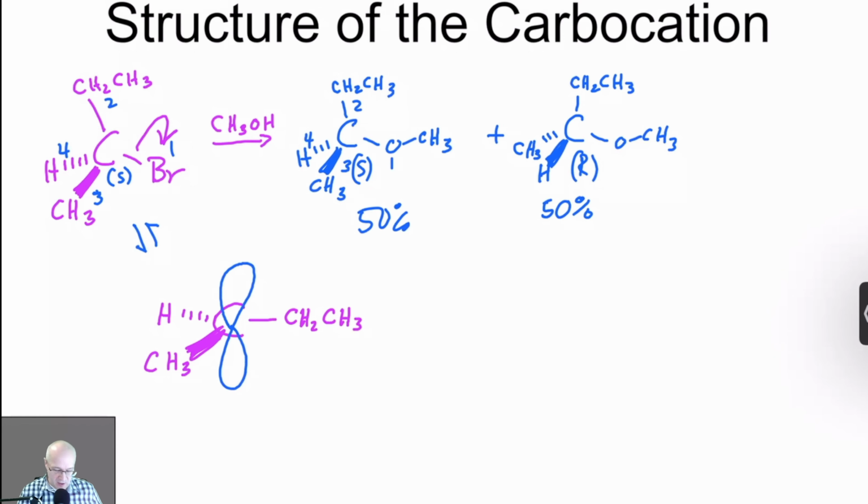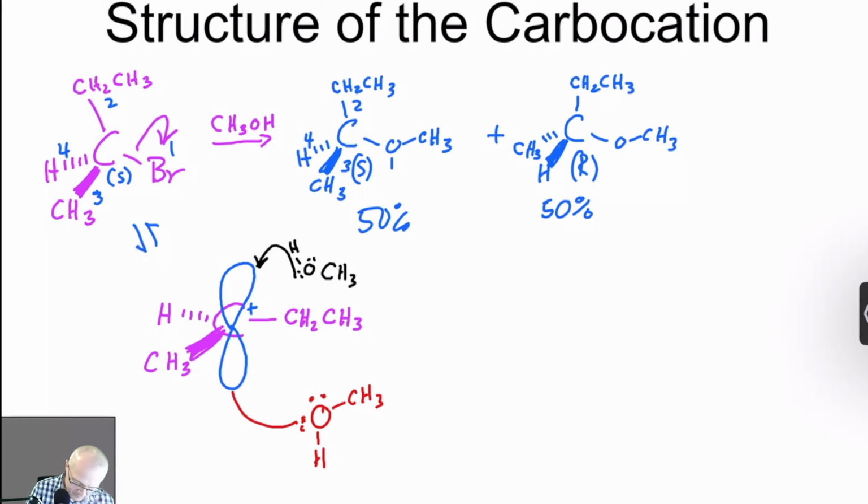The p orbital runs top and bottom, and the p orbital is empty. Now, that means the methanol can attack from the top, or the methanol can attack from the bottom. 50-50.